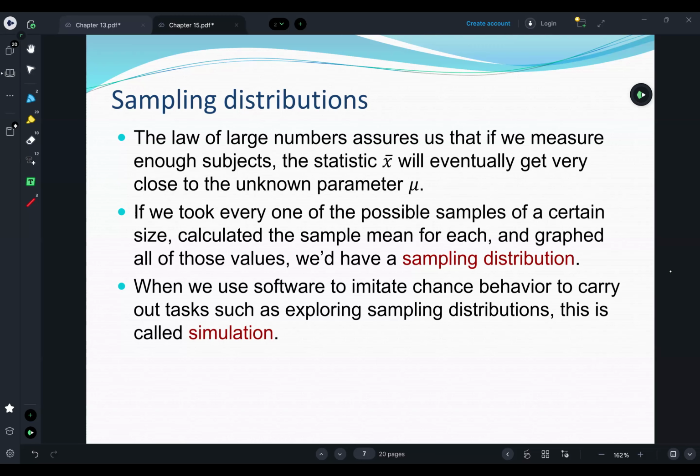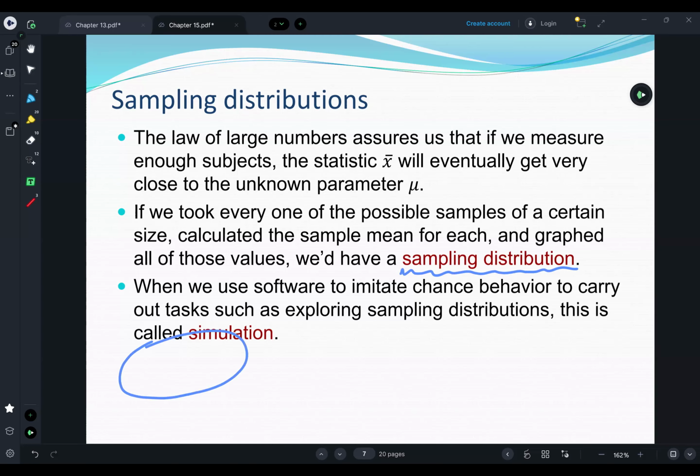And you end up with the average of the average. Then you have a list of all these averages, and then you can get the average of the averages. And it will be very close to the true population mean mu. And we use software to imitate chance behavior to carry out these tasks. So we have the sampling distribution.